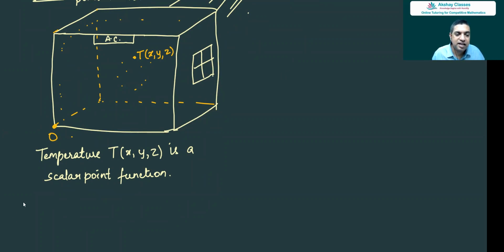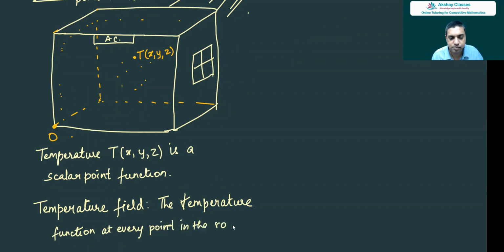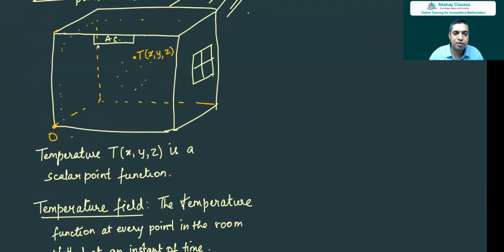Then that becomes the temperature field: the temperature plot, or the temperature function at every point in the room, plotted at an instant of time. So it gives a full map of all the temperatures throughout.